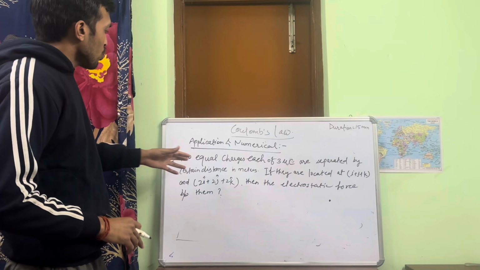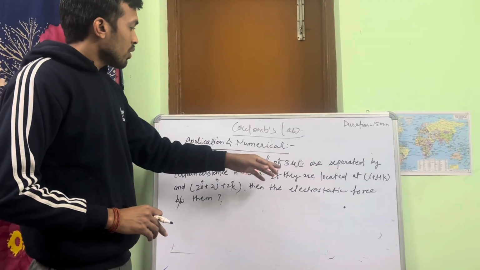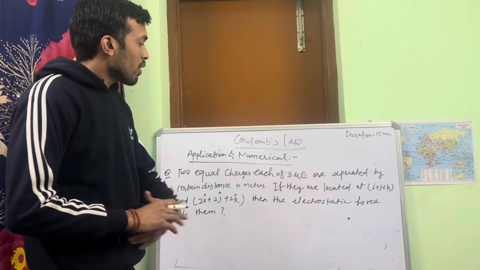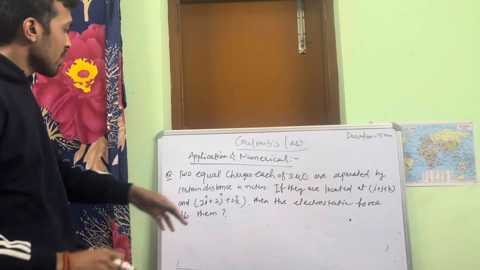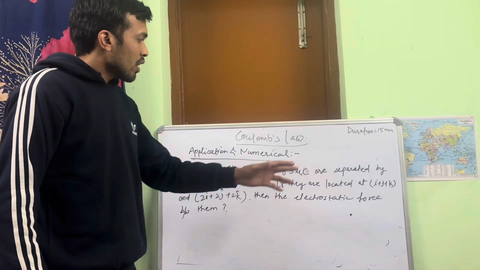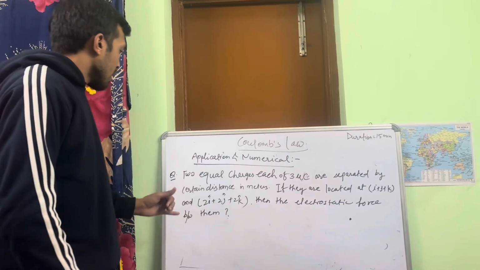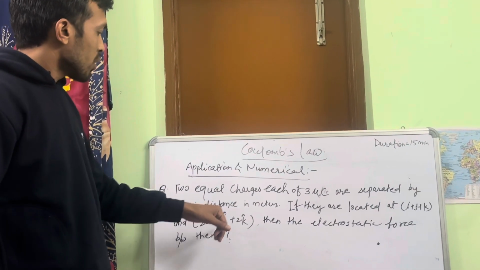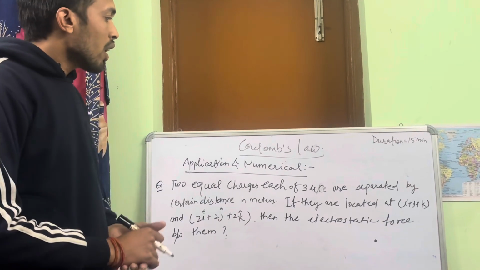The numerical is: two equal charges of 3 microcoulomb each are separated by a certain distance in meters. If they are located at i plus j plus k, and the other at 2i plus 2j plus 2k, then what is the electrostatic force?